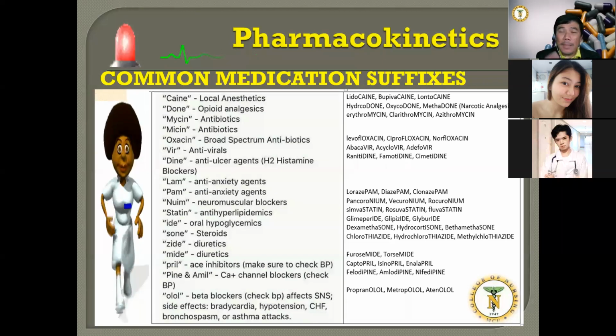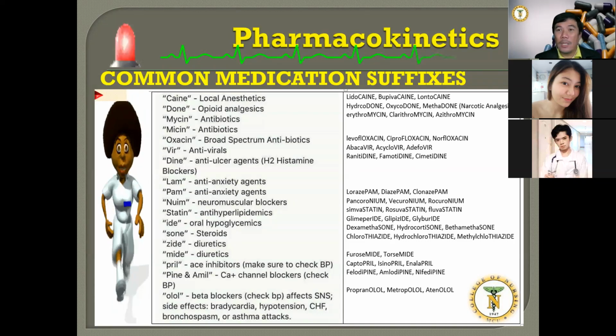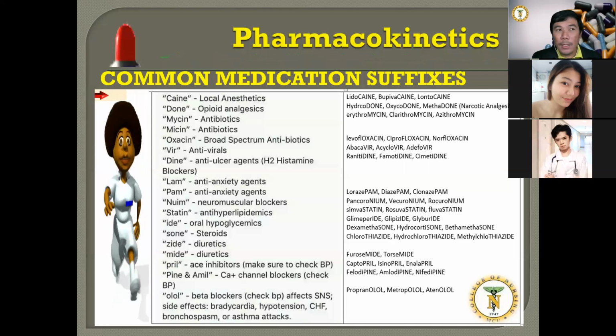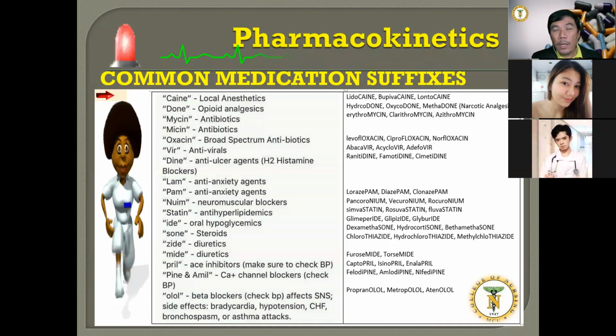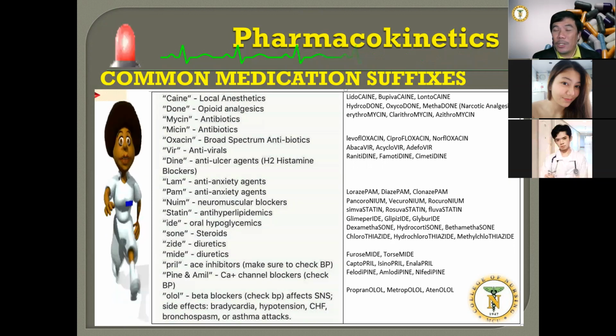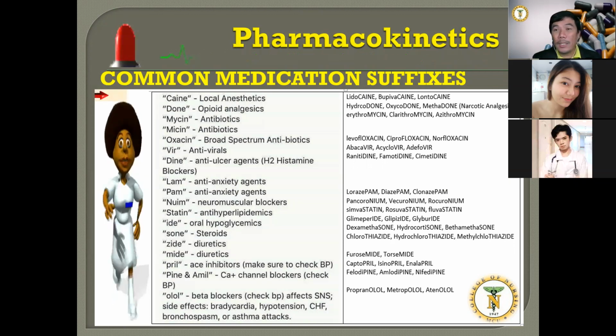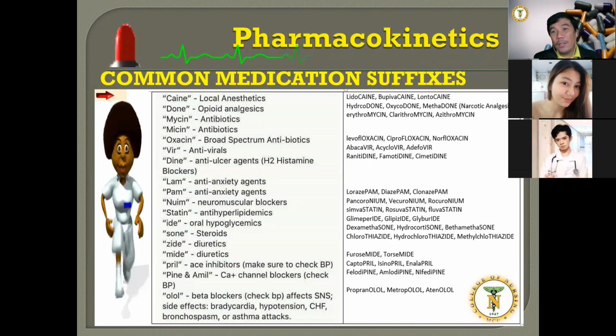That way, we can prescribe an antibacterial or antibiotic that targets the specific microorganisms such as the bacteria. But nowadays, we have what we call broad spectrum antibiotics that may target both gram negative and gram positive bacteria. Unlike first generation antibiotics, which may target only gram negative bacteria, or only gram positive bacteria.